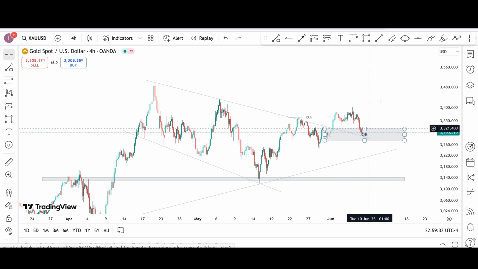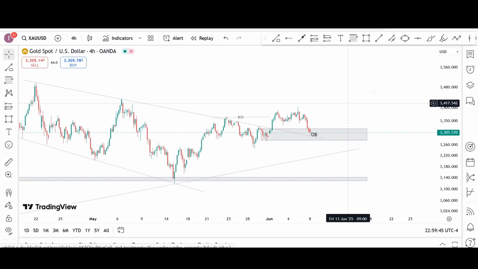After retest, we should see a bounce to the upside. Yeah, and it's aligned with this daily order block, right? Daily order block.